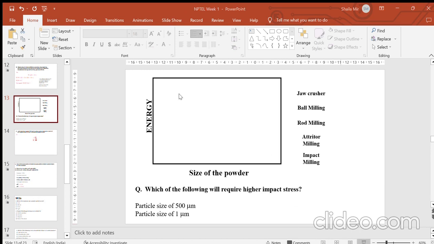Okay, so in this context, there is one graphical chart here. In this graphical chart, I want you to understand that we have an energy versus size of the powder graph. We did this just now: the particle size which will have a higher energy.